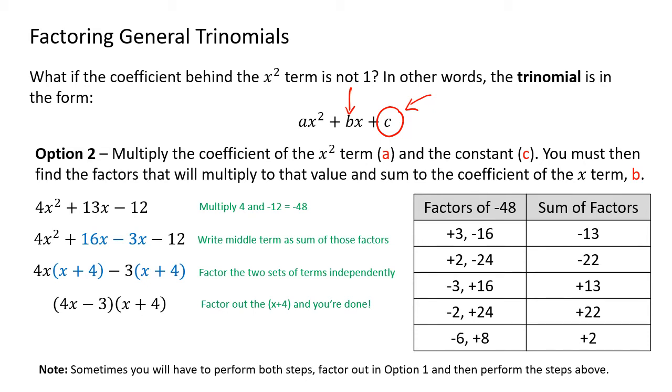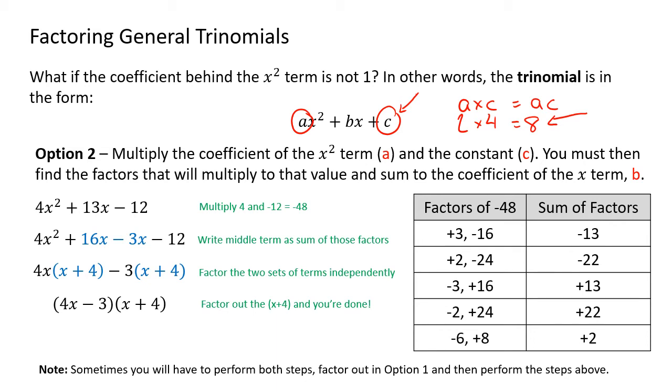In this case, what we do instead is we take the value in front of the x squared term and the constant, and we multiply them together. So a times c equals ac. So let's say it was 2 and 4. 2 times 4 is 8. Now, we find the factors of 8 instead of finding the factors of the original constant. Okay? And that's how we look to solve this problem.